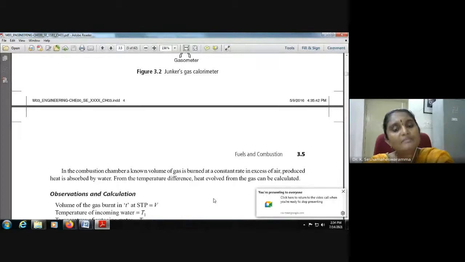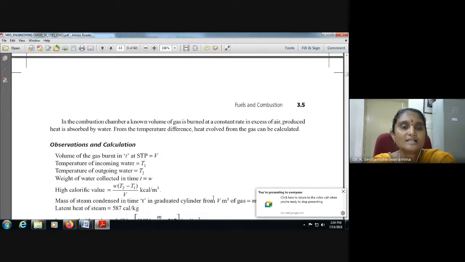So by measuring the temperature of the inlet water and outlet water, we can know how much heat is absorbed by that water. From the temperature difference, the heat evolved from the gas can be calculated.